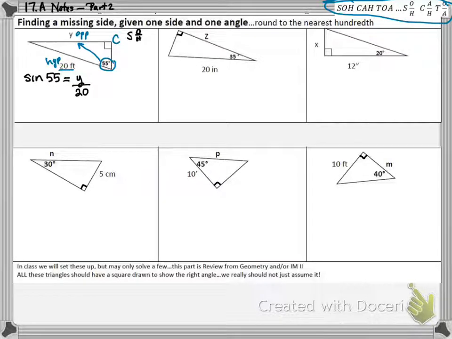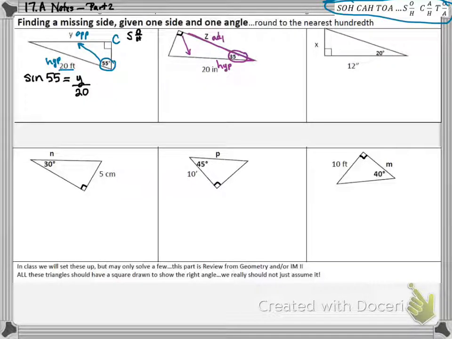Let's look at the next problem. I'm going to do setup for all 6. In this one, the only angle I know is 35 degrees. And over here would be the opposite, but I don't have opposite. I have my hypotenuse because across from the right angle, the longest side of all is always my hypotenuse. And I have this z side, and the z side is coming down and touching the vertex of my 35-degree angle.